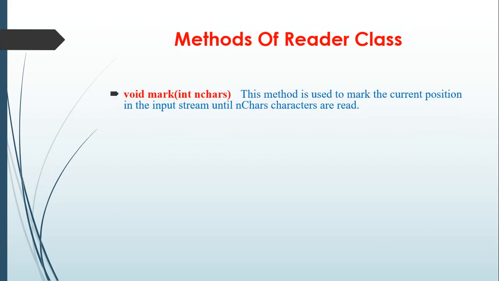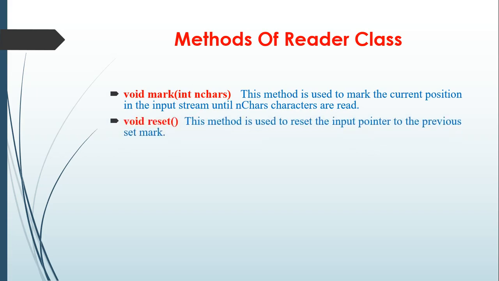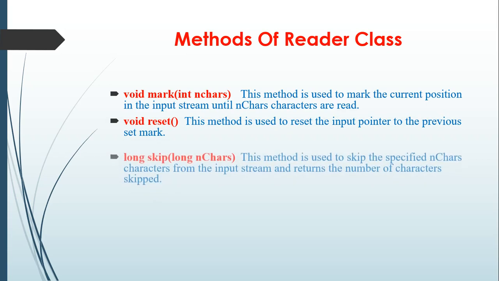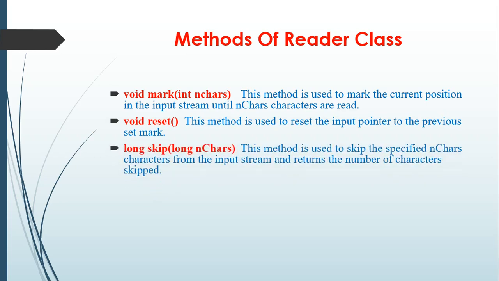Some other methods of reader classes. void mark(int nchars). This method is used to mark the current position in the input stream until nchars characters are read. void reset(). This method is used to reset the input pointer to the previously set mark. long skip(long nchars).